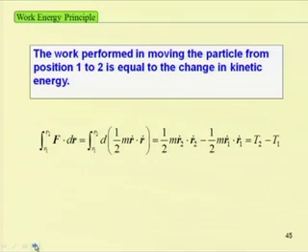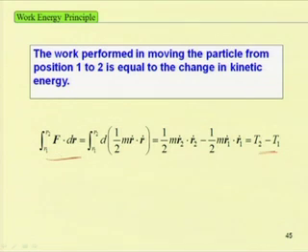According to the work energy principle, the work performed in moving a particle from position 1 to 2 is equal to the change in kinetic energy. So work done equals the integral of F dot dr from position r1 to r2.